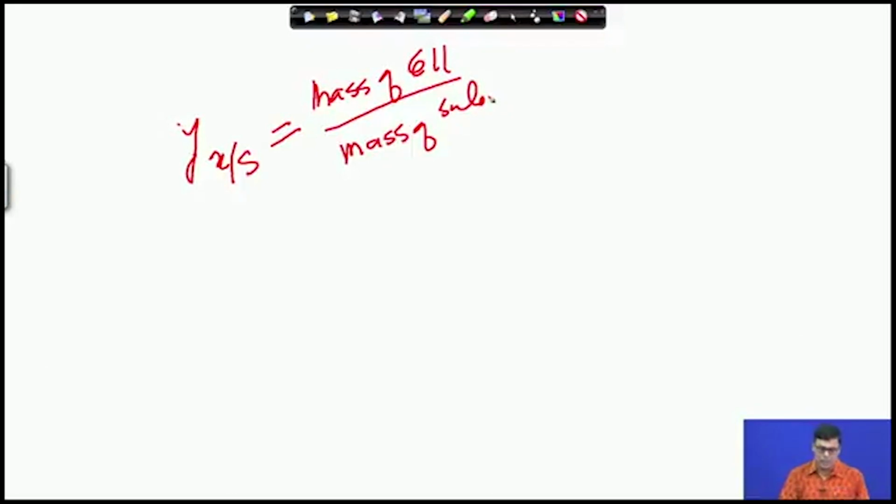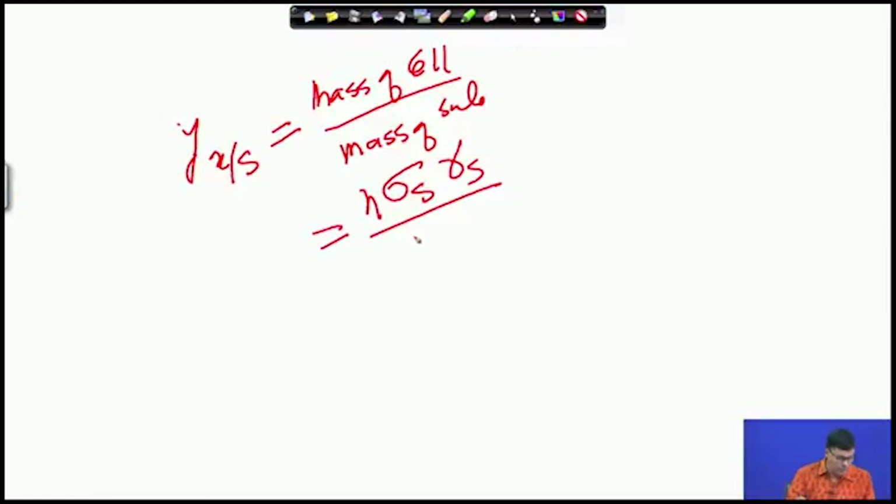Actually, this is equal to eta sigma s gamma s, over gamma b and sigma b, where b stands for biomass. Now, the question is how this equation has come.